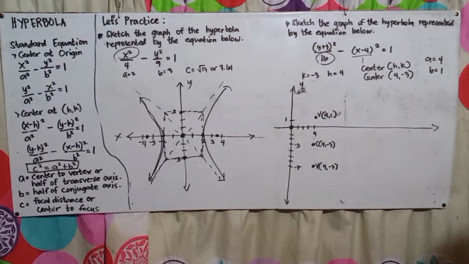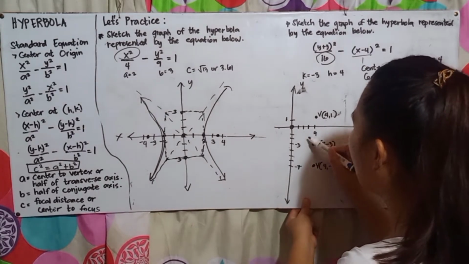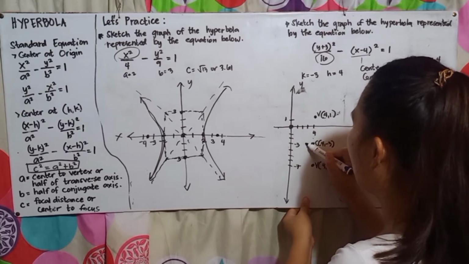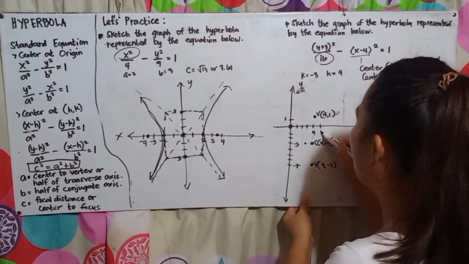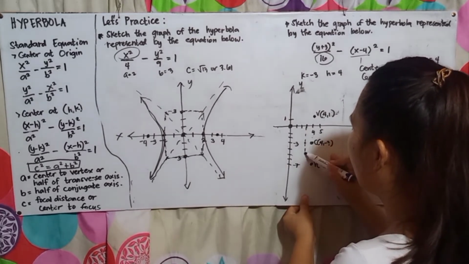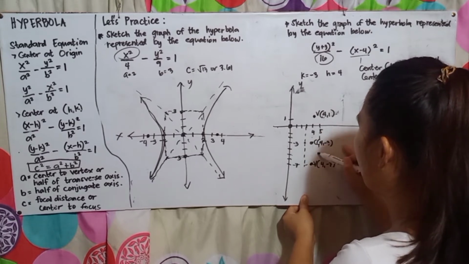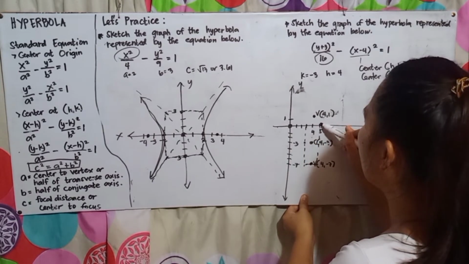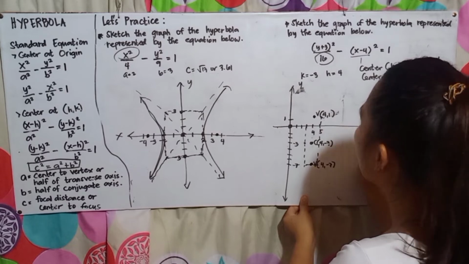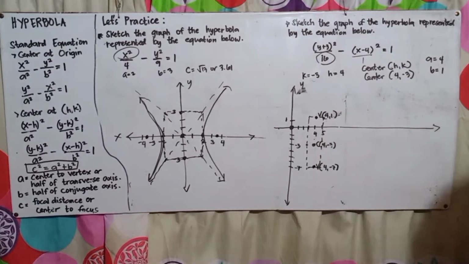So, next is our B is the transverse axis. So, from the center, mag-count tayo ng 1. So, dere lang. Okay, so ganyan lang.